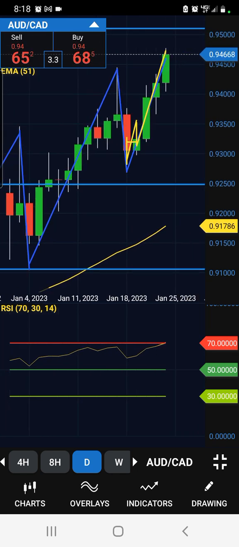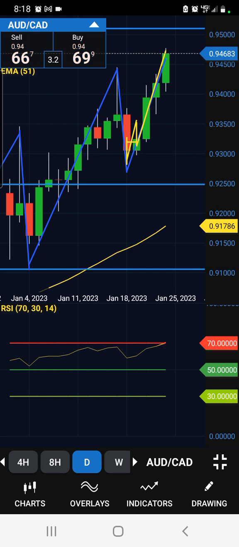So we had the initial downtrend, then we got an equal high, which let me know that the trend was changing from a downtrend. Then we got a higher low.